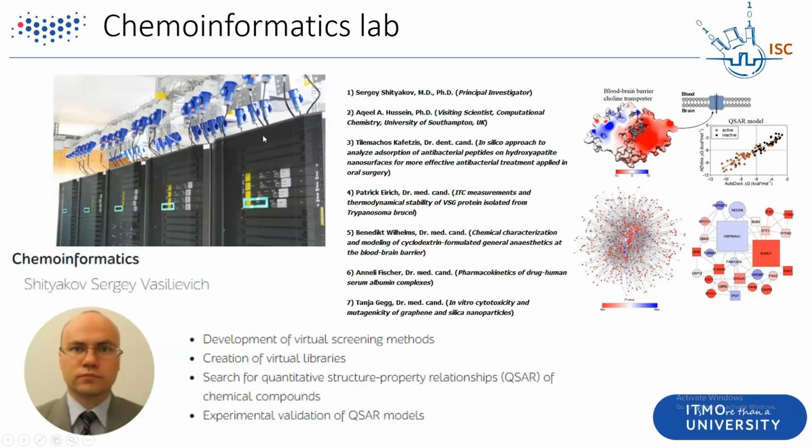So this is the Chemoinformatics lab, and usually we have some activities with different universities. Some of them are in Europe and the others in Russia. And this is the cluster, the supercomputer, which is in Germany.